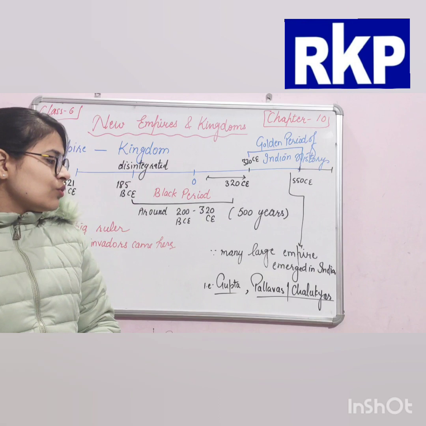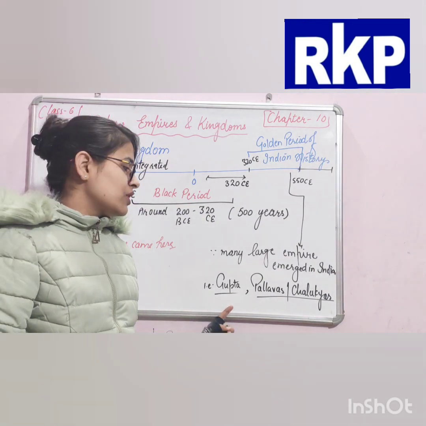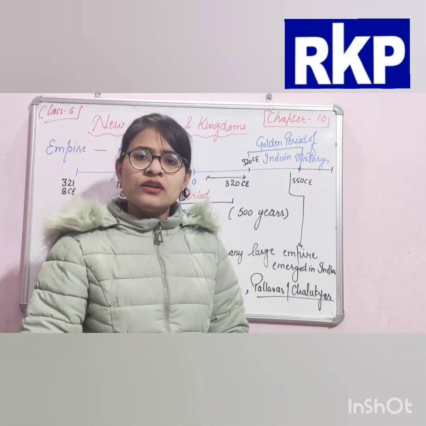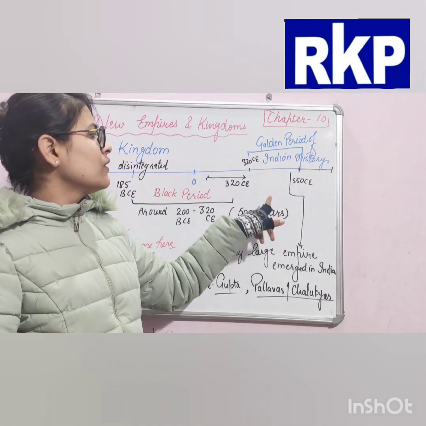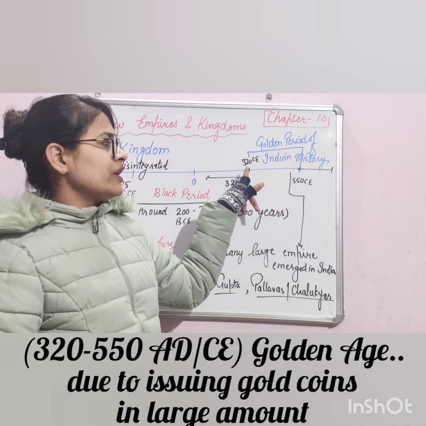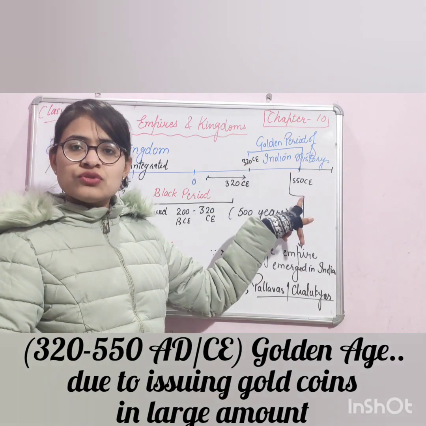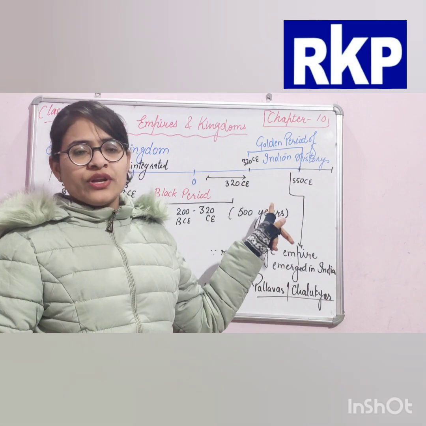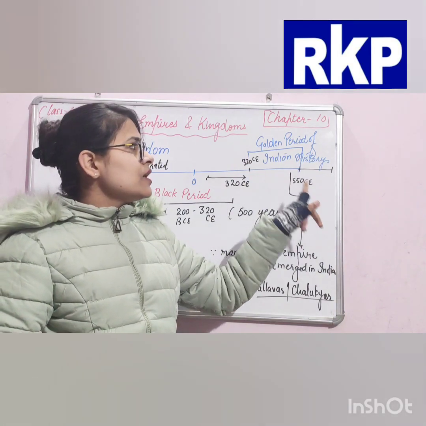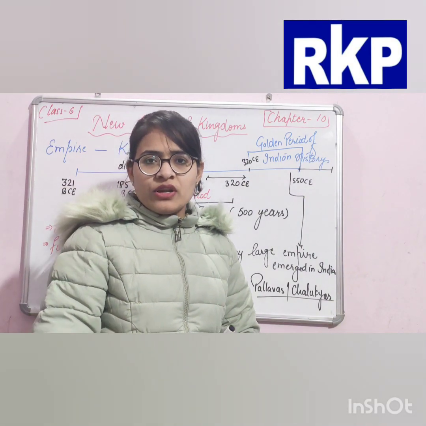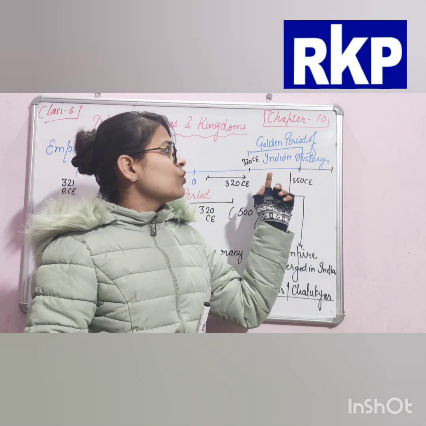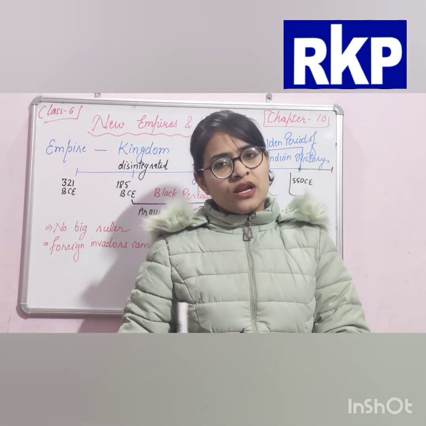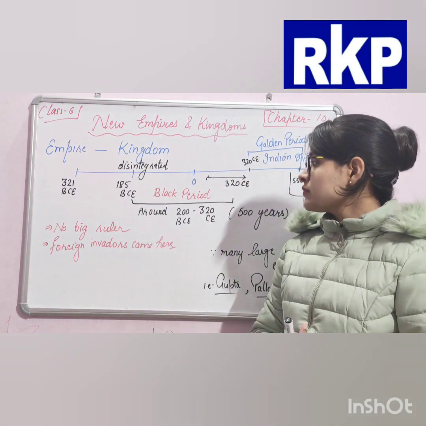In North India, the Gupta Empire flourished, and in South India, the Pallavas and Chalukyas ruled. This is from the 4th to 6th century, around 320 to 550 CE, and this time period is known as the golden period of Indian history. I hope till now this is clear to you all.